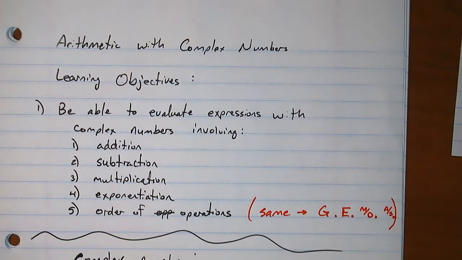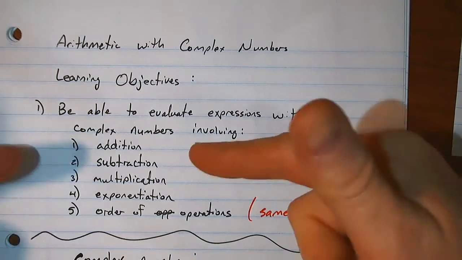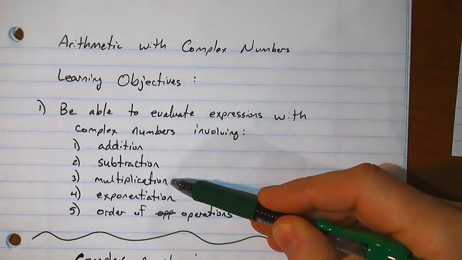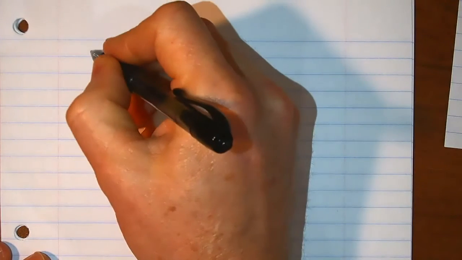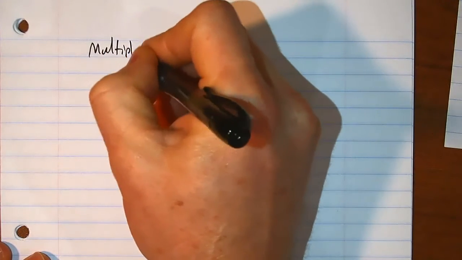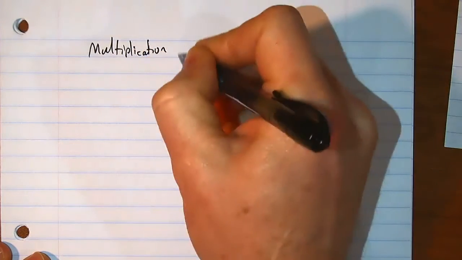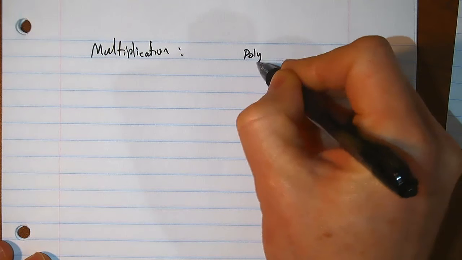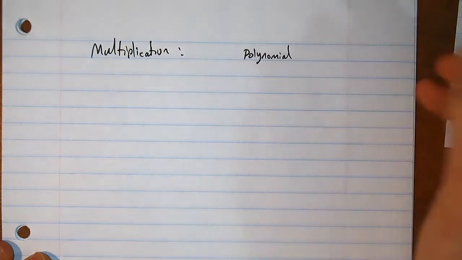Again, these were what we were focusing on. In the previous video, we learned all of these, but right now we're just going to talk about only multiplication and nothing else. So the process of multiplying was all about using distribution and then dealing with any i squareds or i's that have exponents as they pop up. Okay, so multiplication. First, we treat it like it's a polynomial.